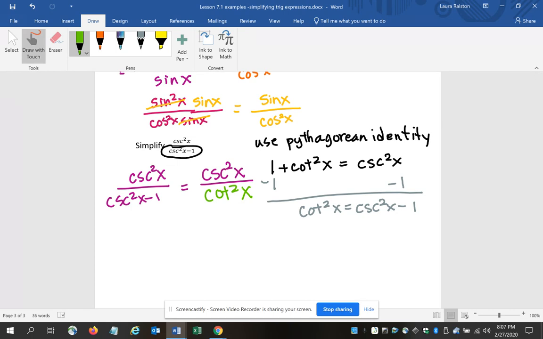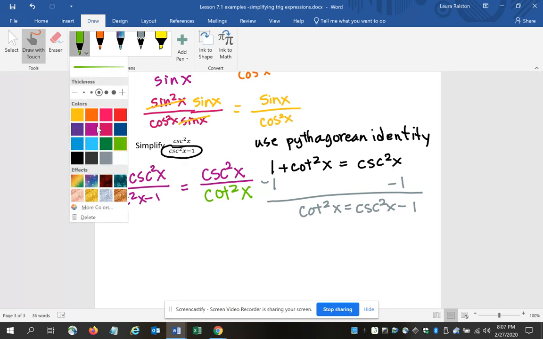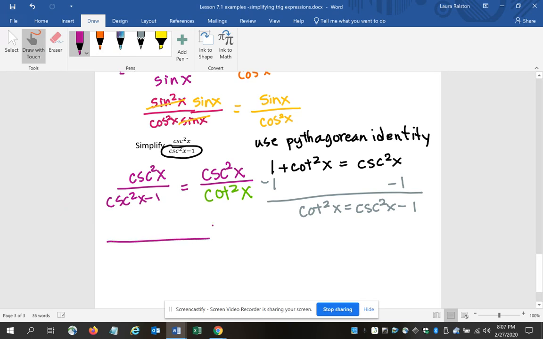Now at least I have a single term in the numerator and a single term in the denominator. I think now I may use the reciprocal identities and my cotangent identity to convert everything to sine and cosine.